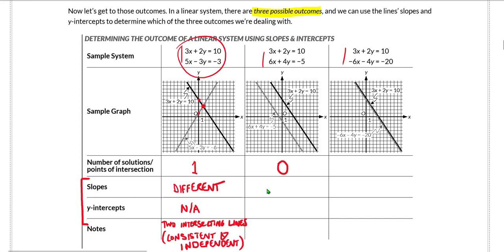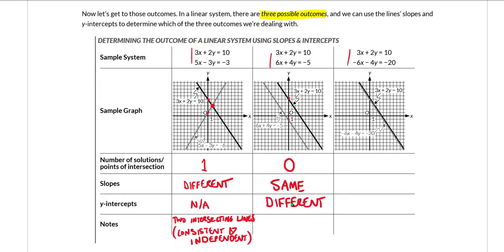So I am going to write same slopes, and the y-intercepts, this guy and this guy, they are different. So same slopes, different y-intercepts, and down here at the bottom we are going to write parallel lines. That's what these lines are. They are parallel to each other.